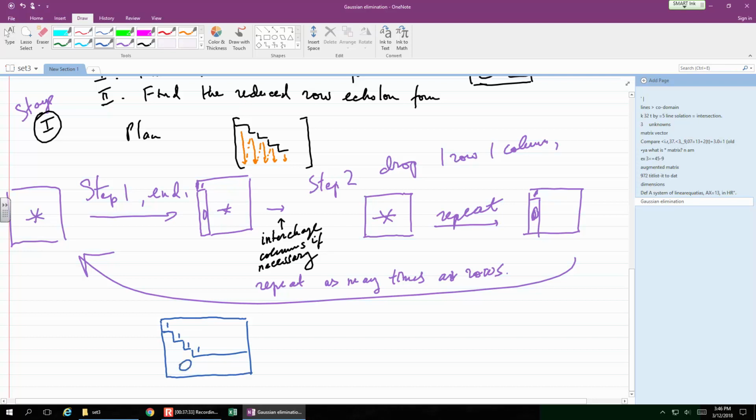So the end result of stage 1 is a row echelon form with leading 1s. The staircase is made of zeros. Once again, we are ignoring the right hand side, the last column.